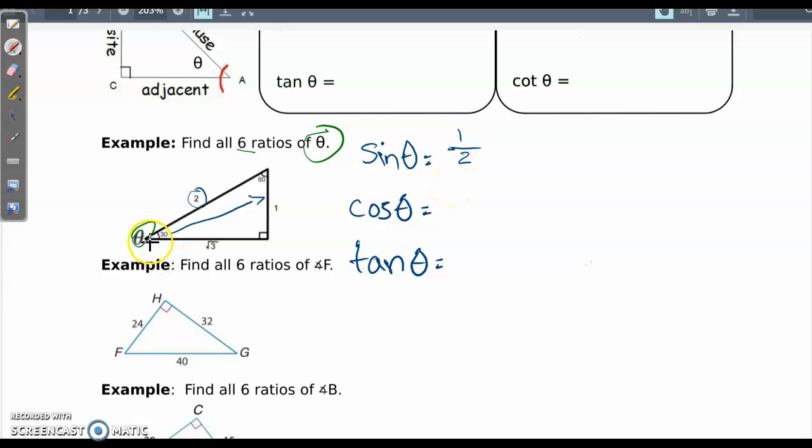The cosine of theta is defined as the adjacent, square root of 3, divided by the hypotenuse. And the tangent of theta is the opposite divided by the adjacent.